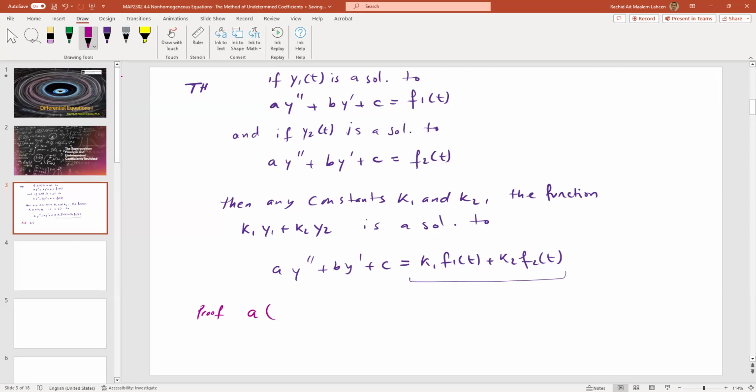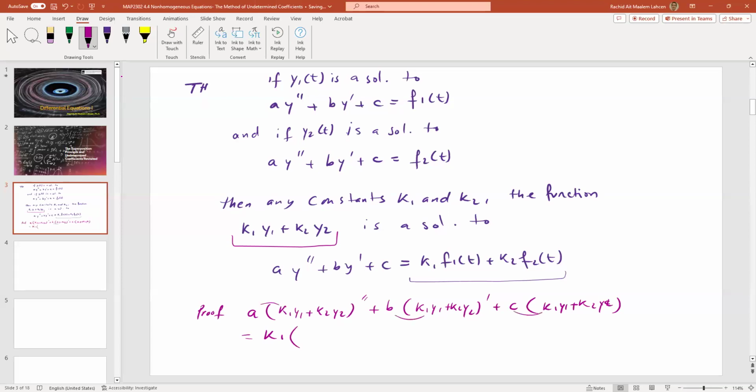If you plug k1 y1 plus k2 y2, which we say is the solution, into the differential equation, you can factor k1, and k1 goes with these terms.